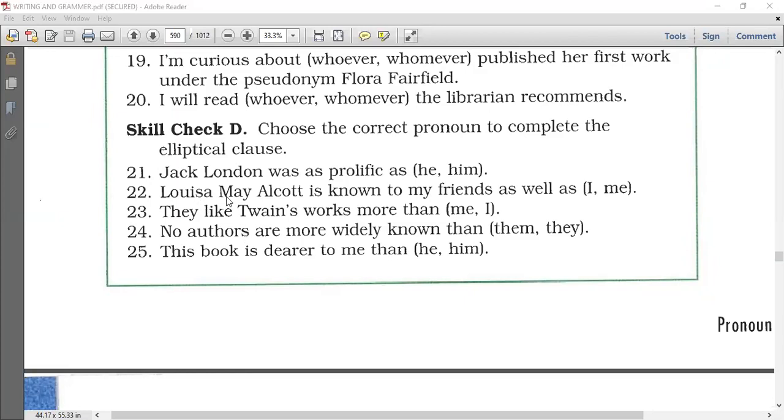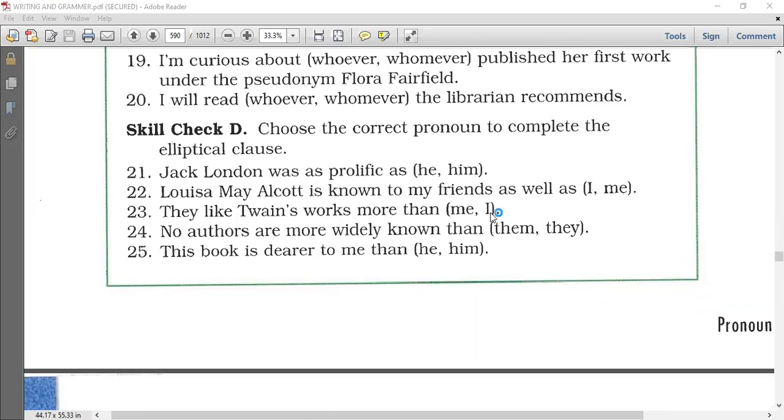Because Louisa May Alcott is known to, we have a preposition here, to my friends as well as to me. But the word to is not repeated. It's deleted here. But to my friends as well as to me. So it will become as well as me. Thank you, Yasmin.